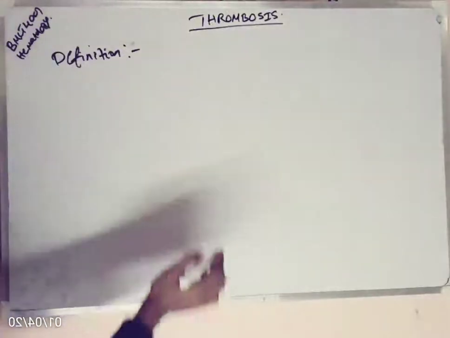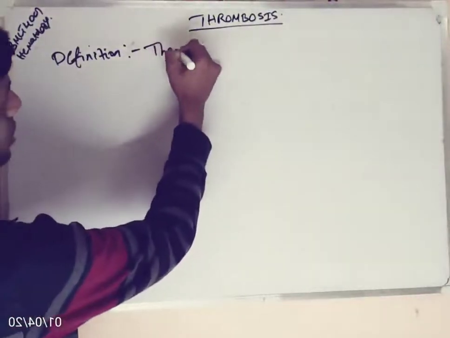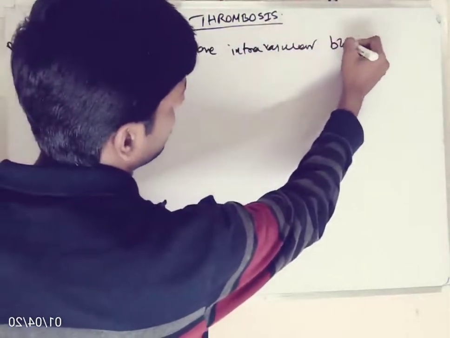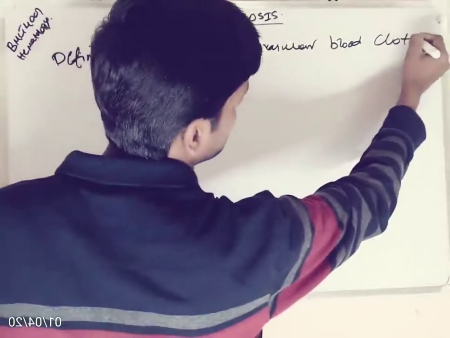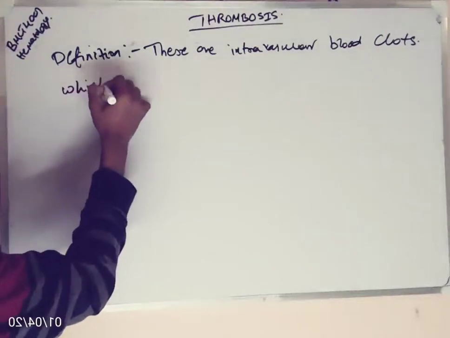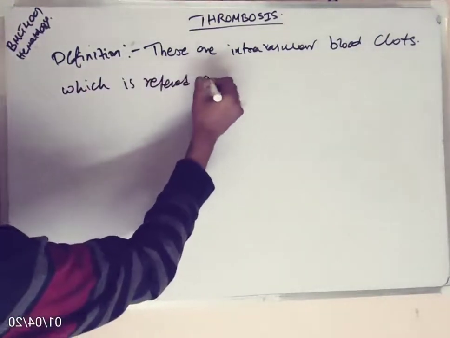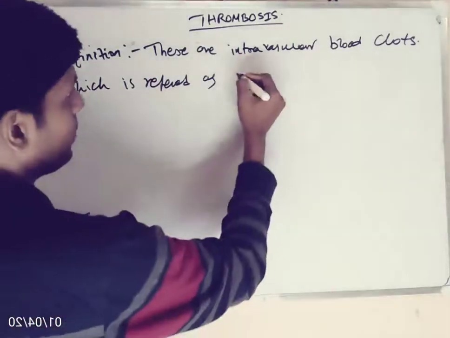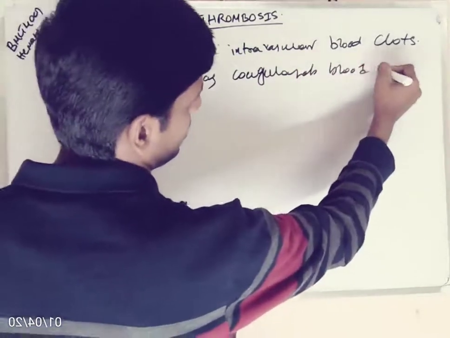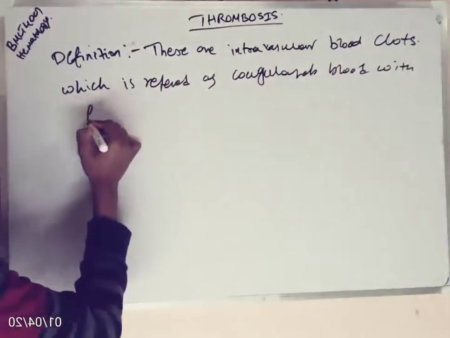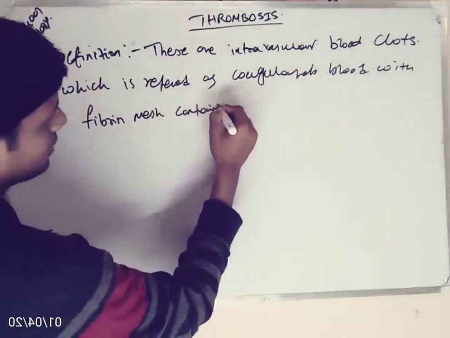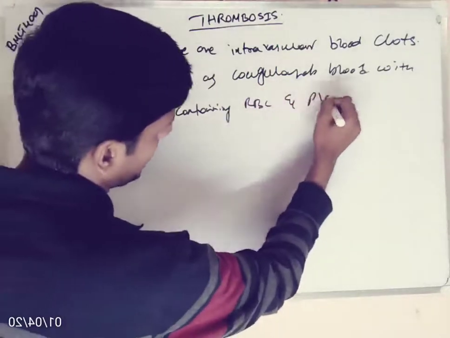So thrombosis are intravascular blood clots, which is referred to as coagulated blood with fibrin mesh containing red blood cells and platelets.